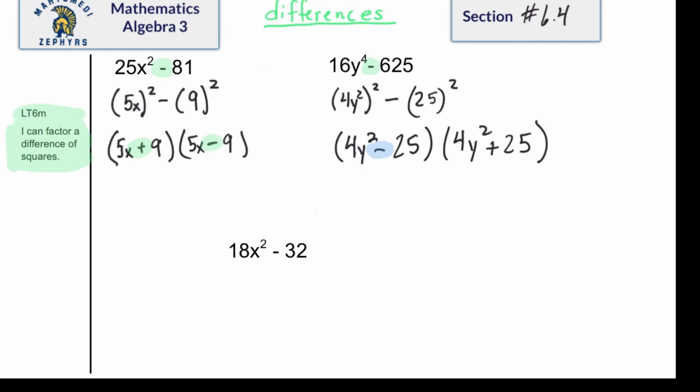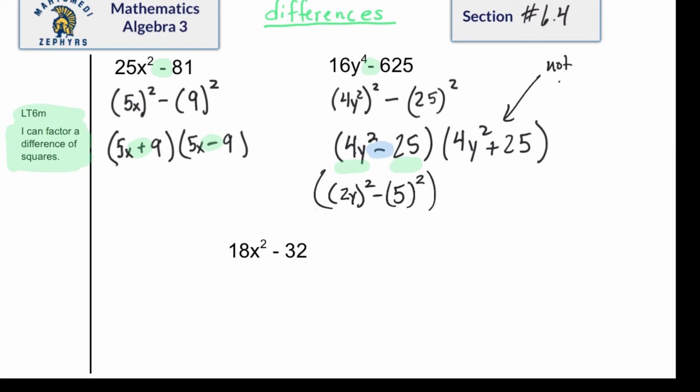Notice that first binomial is another difference, and it's a difference of two squares again. So we can repeat the process, right? It's a difference of two squares. So 2y to the second and 5 to the second. That's a difference of squares.